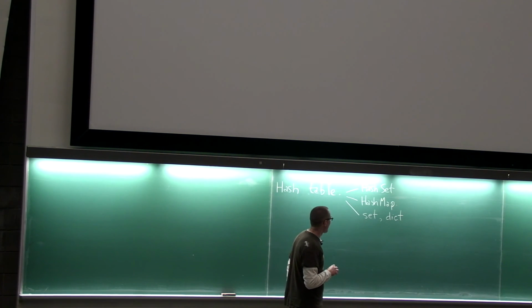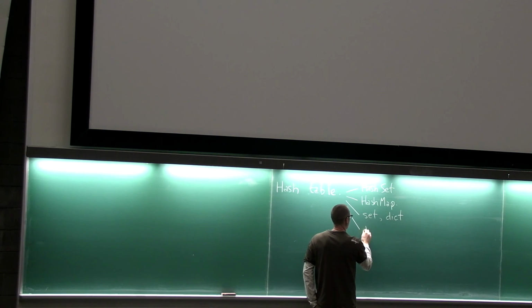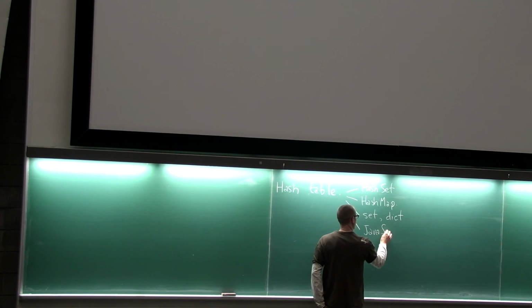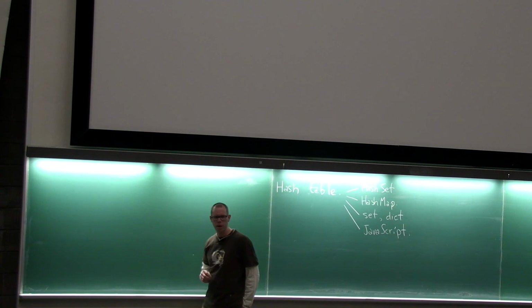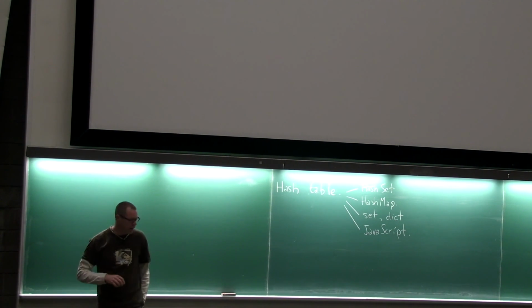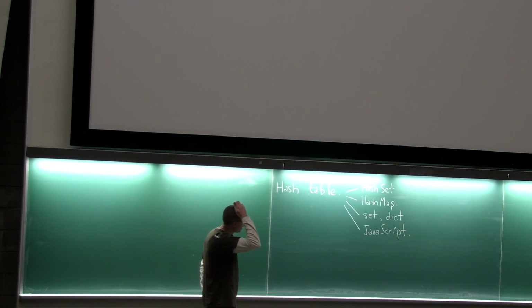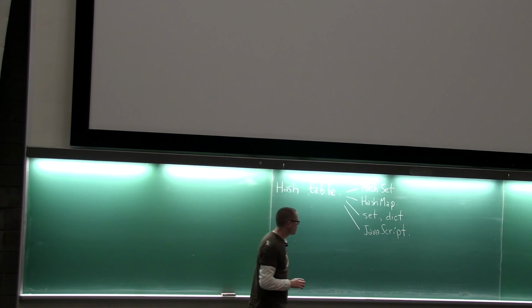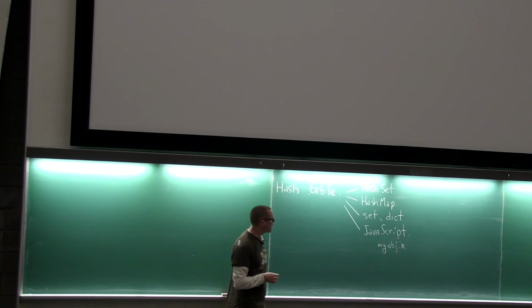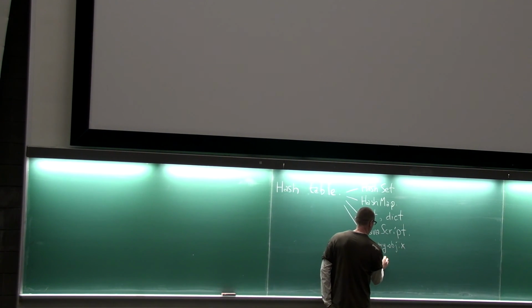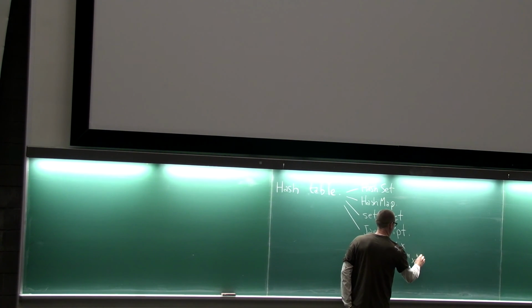Another language that's completely built around hash tables is JavaScript. Everything you make in that language is a hash table. Every object has a hash table in it, and you can see this in JavaScript. If you say my object.x, that's actually interchangeable with code that looks like this: my object at string x.